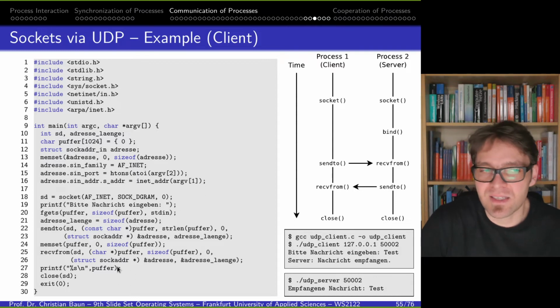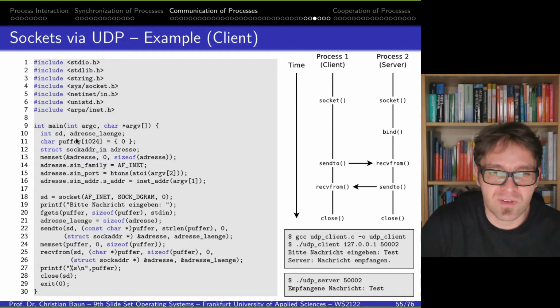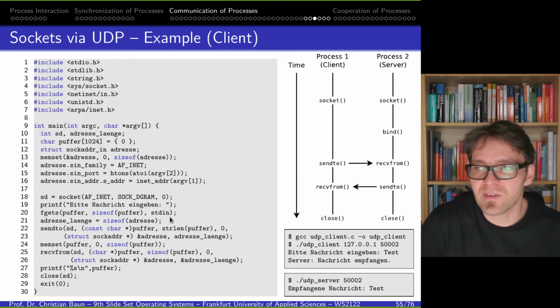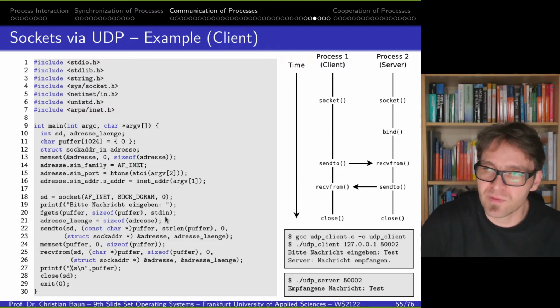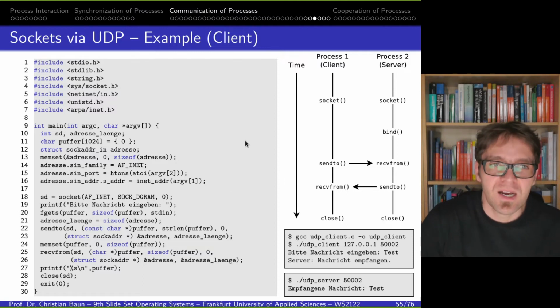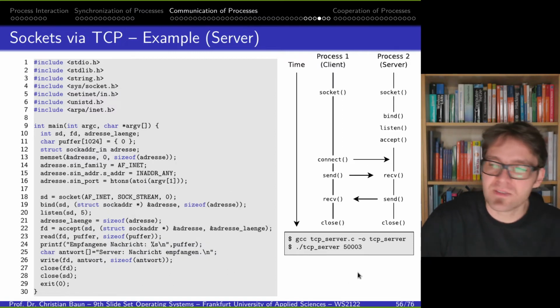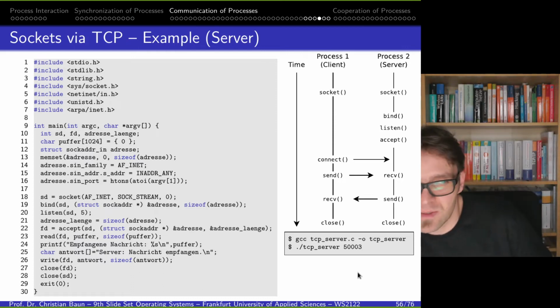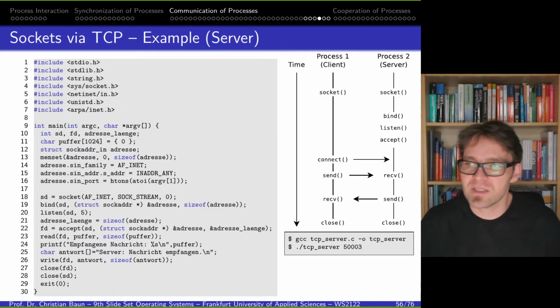I understand at first sight it looks a bit strange, because it's a lot of source code for a little bit of features, but it's not so difficult to understand if you read it a second time maybe. Next we have TCP, and TCP, you remember, is a little bit more advanced.